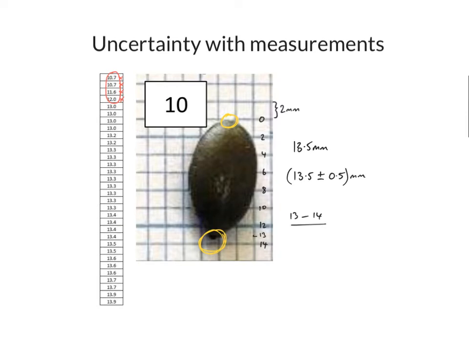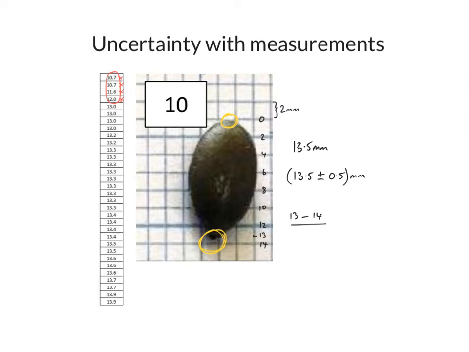So from all this, all we need to be aware of is that when we measure anything, there's a certain amount of error. And we can reduce that uncertainty by using other equipment. I could use 1mm graph paper. I could use vernier calipers, anything like that, and I could get less uncertainty.